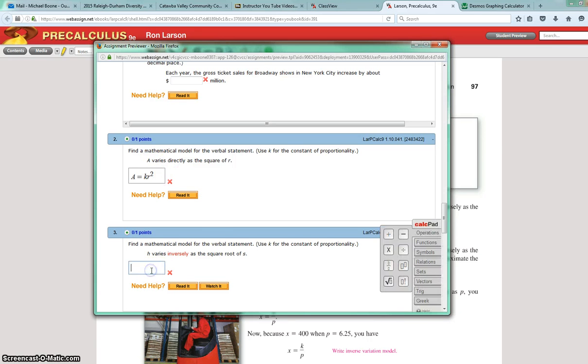If we have h varies inversely, that means I'm going to have a k over something. K divided by, this one's the square root of s, so I need to put in the square root of s to see how these two variables, h and s, relate to each other. Here we saw how A and r related to each other, and h and s, direct and inverse variations.